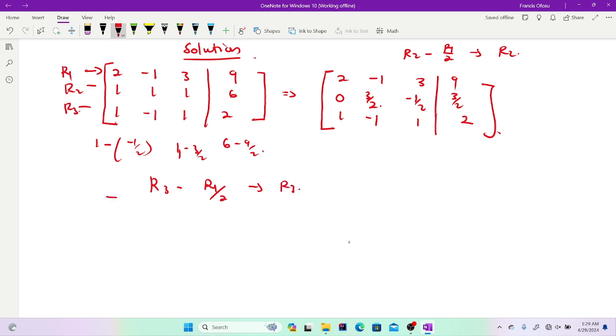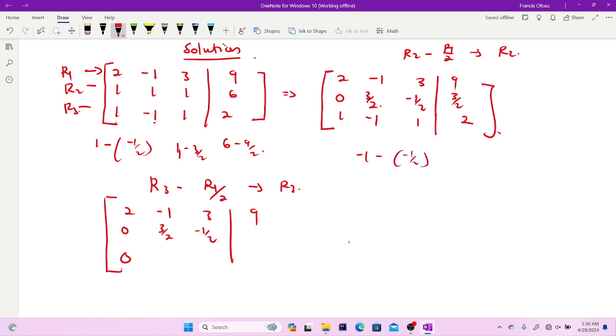So I'll have 2, negative 1, 3, 9. Then I continue from here: 0, 3 out of 2, negative 1 out of 2. Then here is where I apply the operation. So 1 minus 2 over 2 gives me 0 here as well. Then negative 1 minus negative 1 on 2.